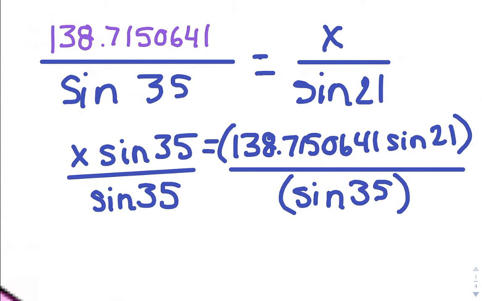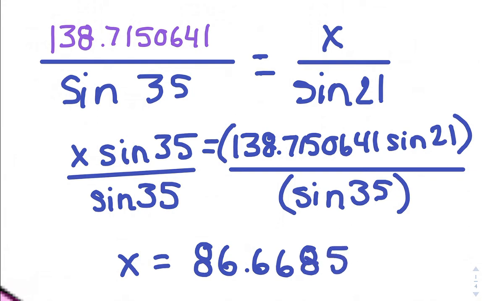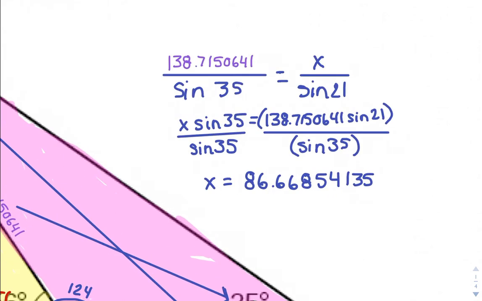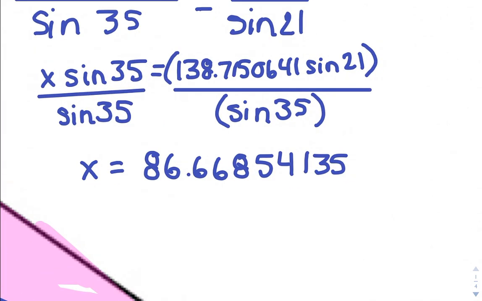Make sure you have parentheses around your top and your bottom. So it's going to be 138.7150641 and then sine 21 divided by sine 35. And my answer would then be 86.66854135. So I don't think it says round, so that would be my answer.